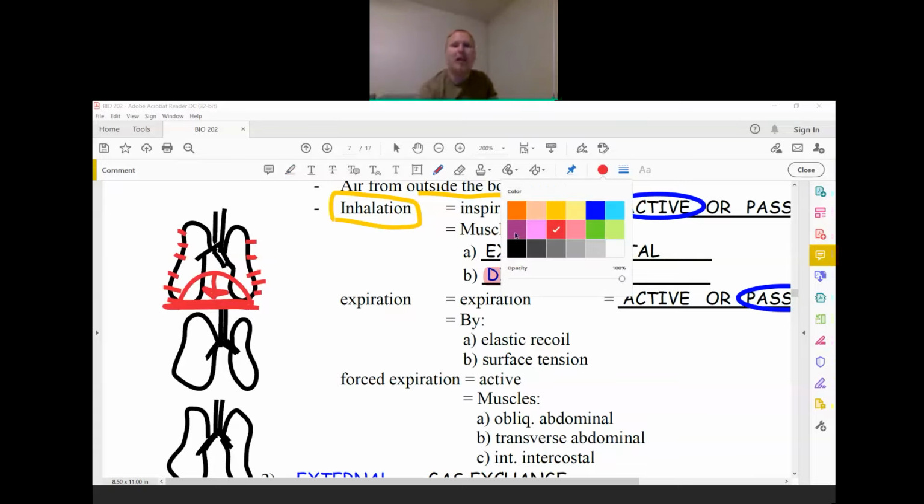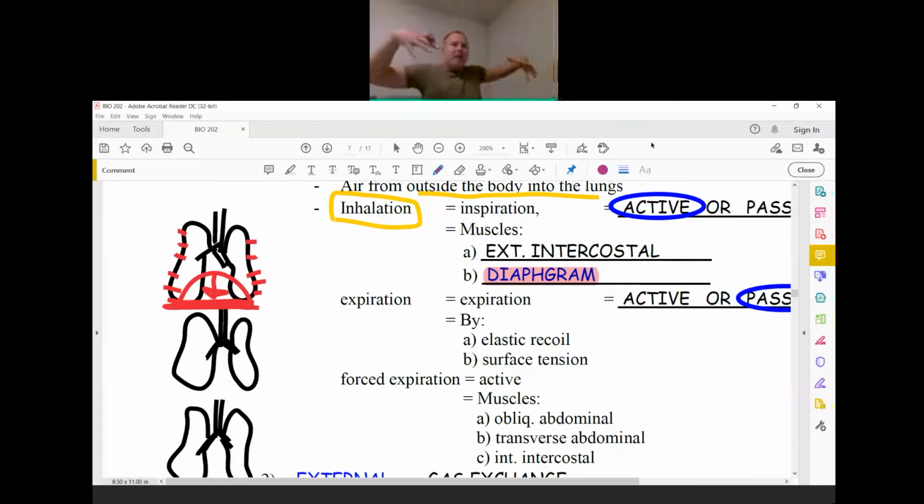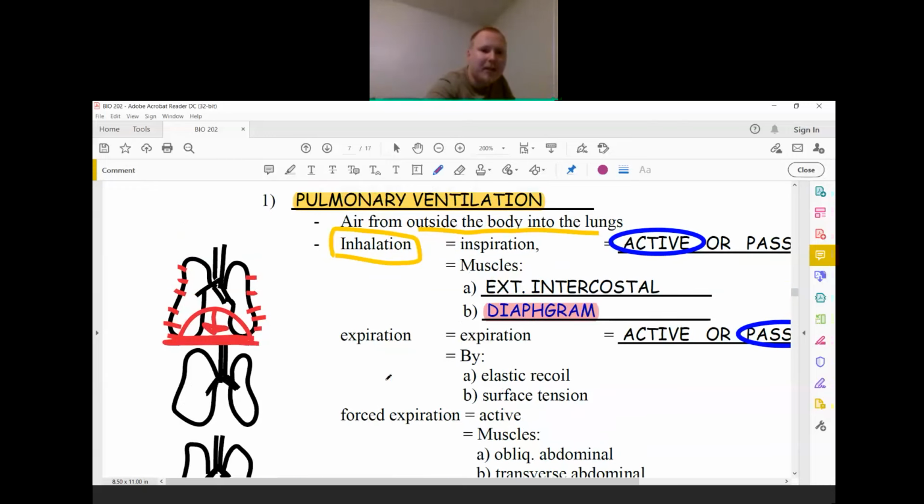So what happens now when we are pulling the ribs to make the chest cavity bigger and the diaphragm goes down? Well, you remember the lungs always follow, we stretched them as much. So now the lungs grow bigger as a result of breathing in, with the external intercostal muscles and the diaphragm doing their job. Of course, that's an active process. We have to put in effort on that. The same amount of air that remained in the lungs is now spread out in a larger space.